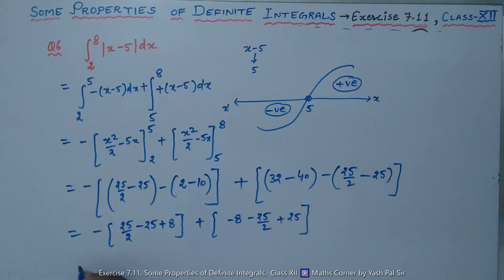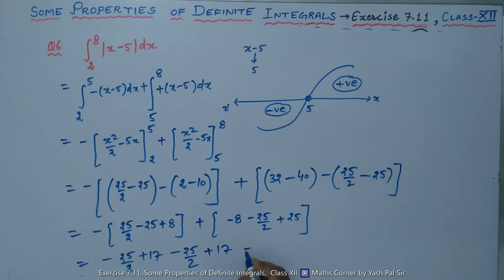So finally this becomes minus 25 upon 2, this is equal to 17, minus 17, this will become plus 17. Here we have minus 25 upon 2, 25 minus 8 means plus 17.